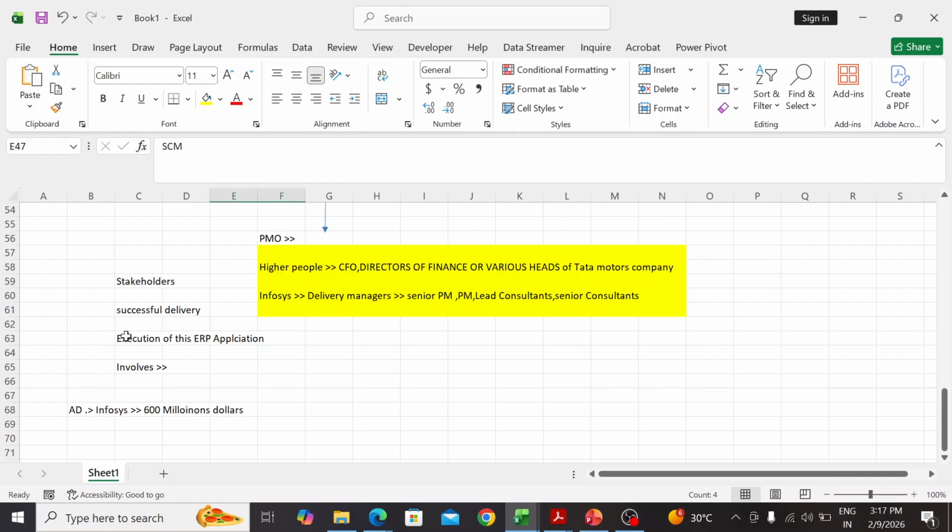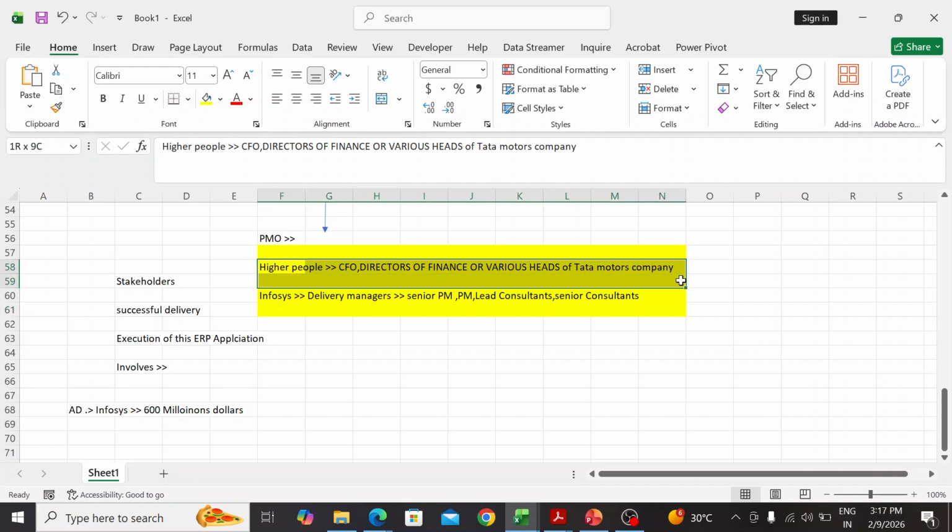That is why they constitute a committee which includes all the stakeholders for the successful delivery of the execution of the ERP application within a stipulated time framework. Accordingly, the team has to work and transit from one phase to another to the successful delivery of the output. That is why we need people, we need talent.